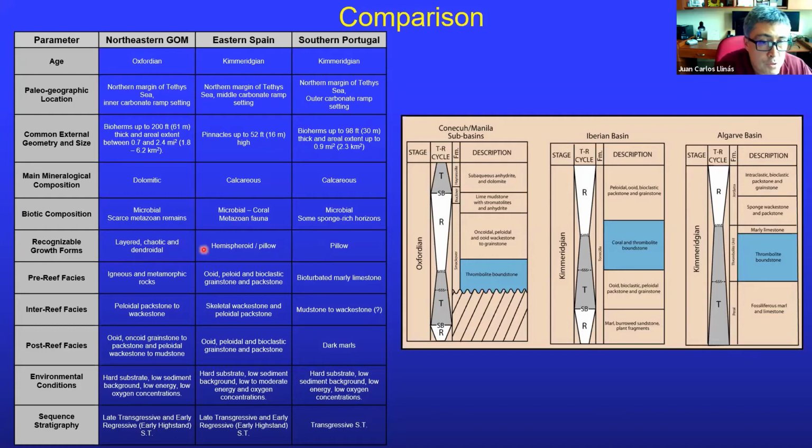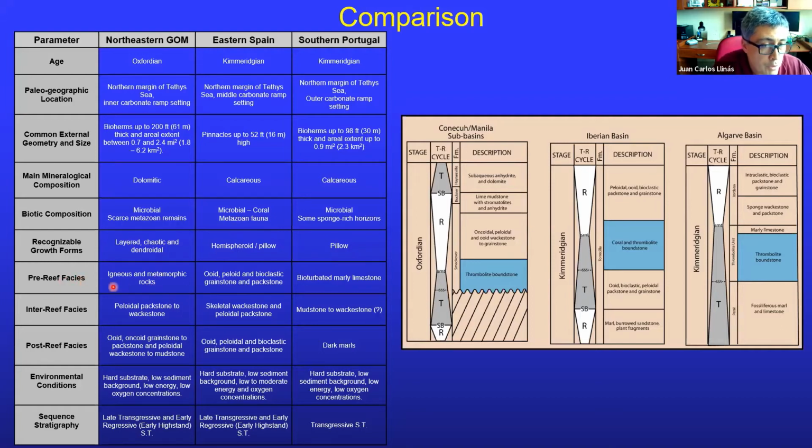Recognizable growth forms are pillows, but these are more like external growth features. And in the Smackover fields, we found layered, chaotic, and dendroidal, all types of growth forms, but internal growth forms of the microbial buildup.